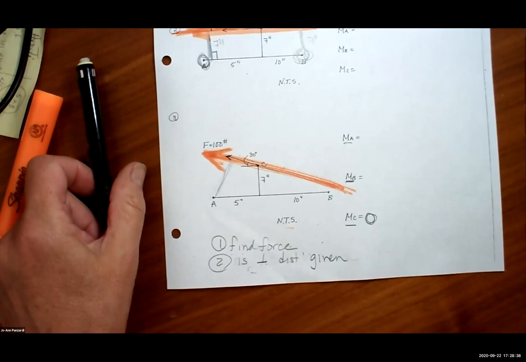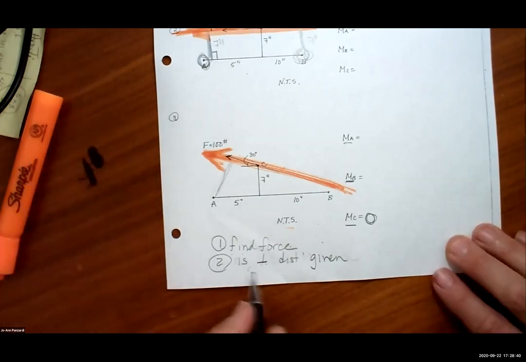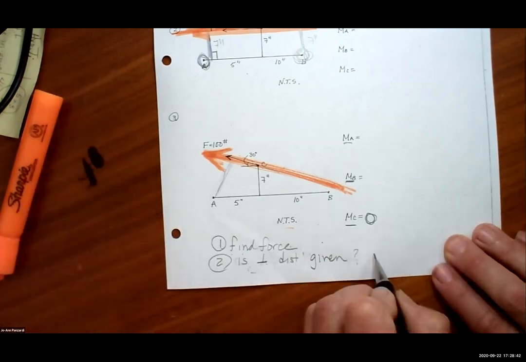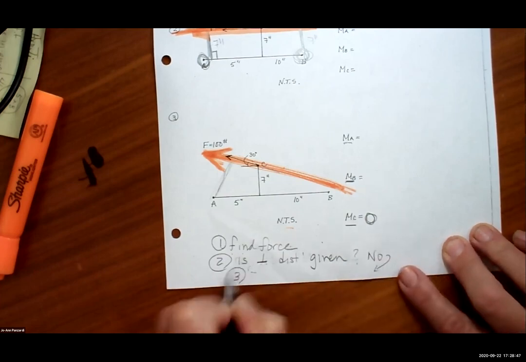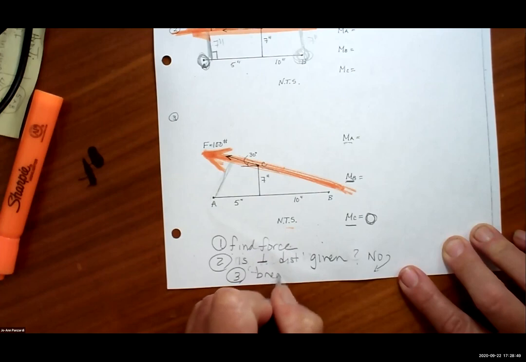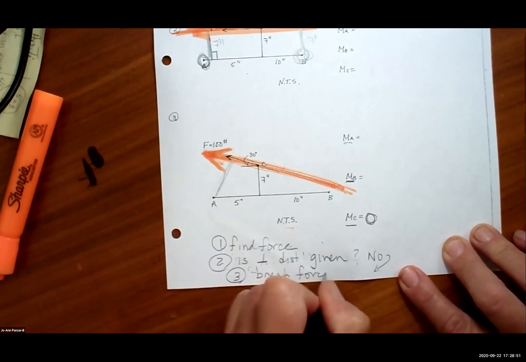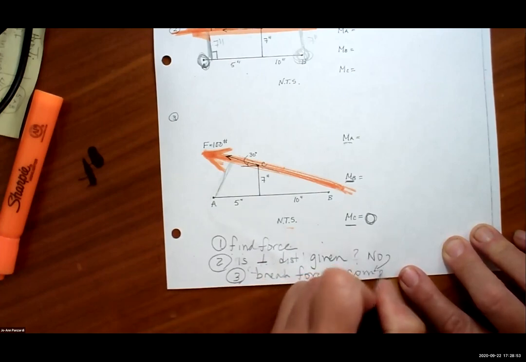No, it's not. And we probably could do it by geometry, but we're not going to take our time to do that. Instead, if it's no, then the next step is to break the force into components.